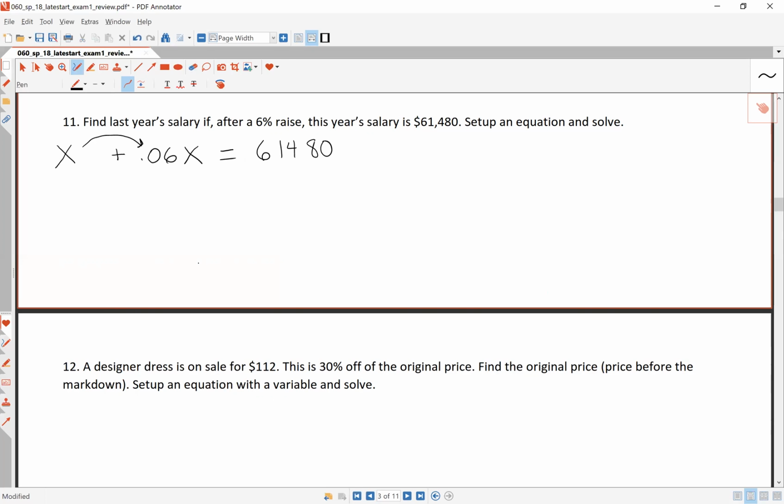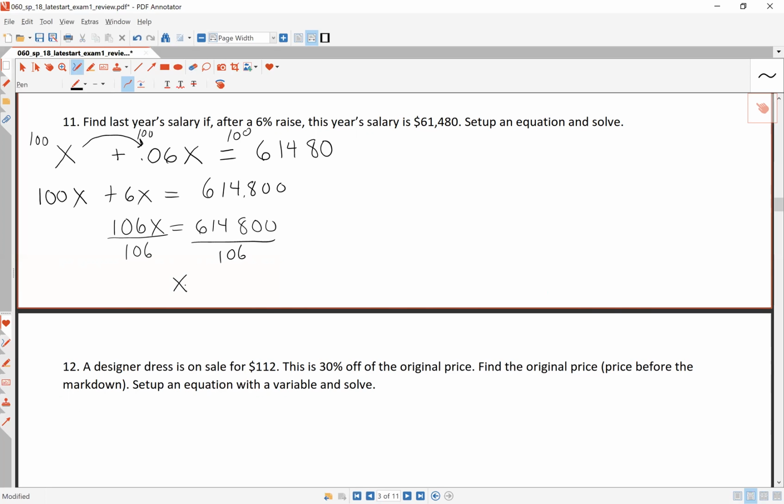So we multiply everything by 100. 100 times X, 100 times 0.06 is 6, and 100 times 61,480 is 6,148,000. It gives us 106X equals 6,148,000. We divide both sides by 106.